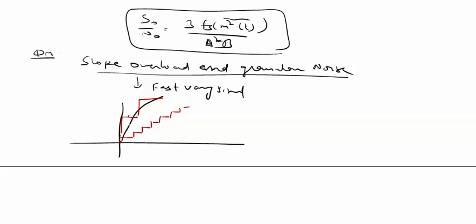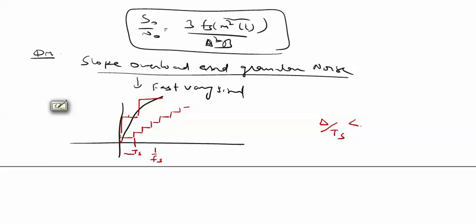The reason for slope overload error is this: Ts is the sampling time, 1 by fs. The difference between the samples is the sampling time. The slope of the delta modulator is step size upon Ts.